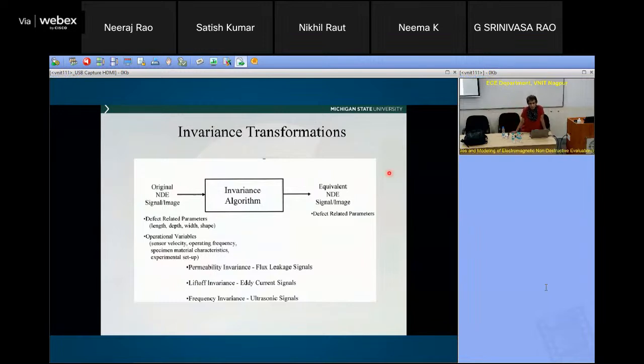Industry wants to reduce operational cost. For them, ultimately, it's the cost that matters. As an NDE researcher, you want to do the full-fledged solution; we are interested in getting the defect size and the location. An NDE engineer will do exactly what the industry tells him to do.